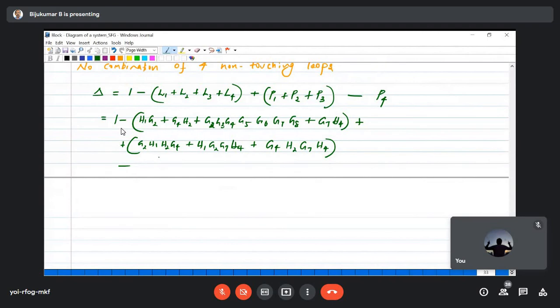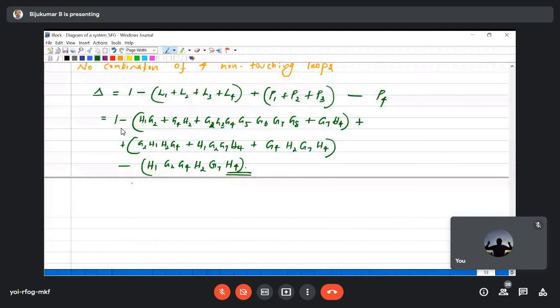Minus H1 G2 G4 H2 G7 H4. So this is the value of delta.